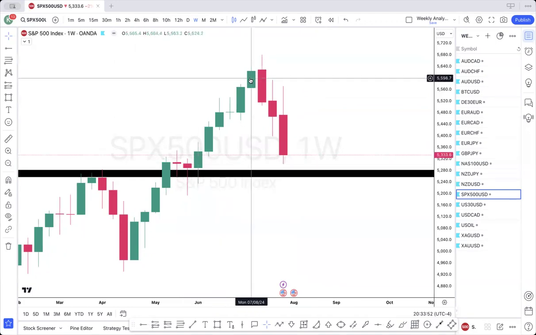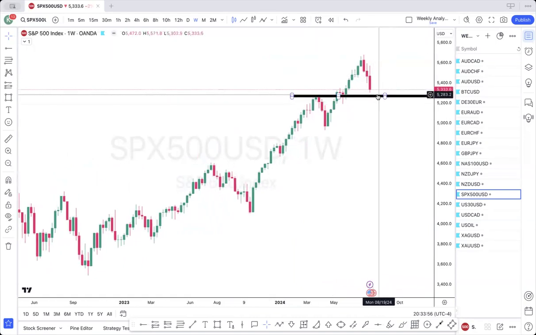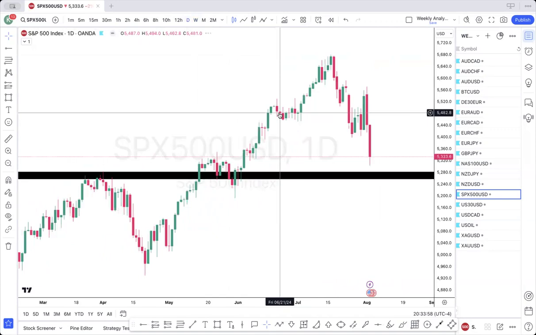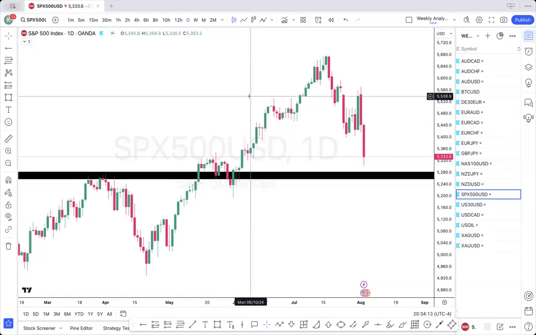All right, so now price is probably going to tap into this zone, but let's go down to the daily. There is imbalance that it is pretty much filled. There's nothing here on the daily that needs to be mitigated.